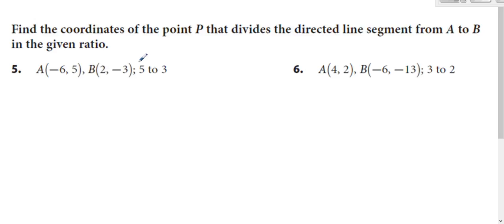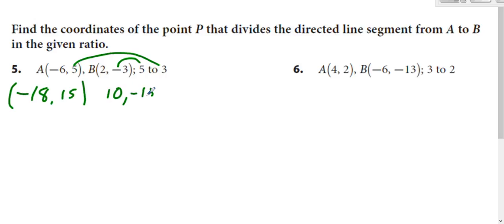So same thing, multiply the 5 to B and the 3 to A. So that's negative 18, 15, and 10, negative 15. Now when we're doing this, 5 plus 3 is 8.